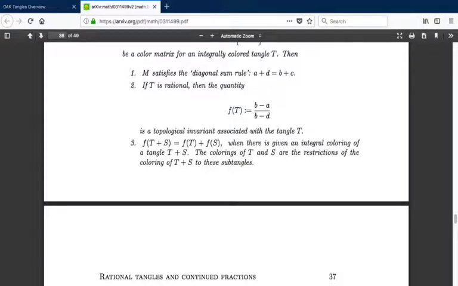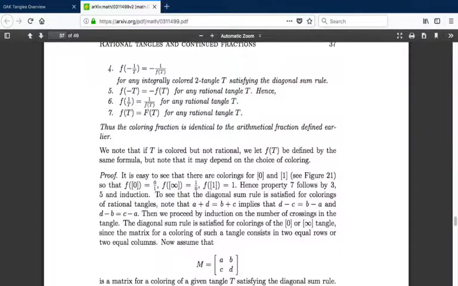But what's really amazing about this theorem is that they also prove in this paper that this new invariant satisfies the summation rule, that if I add two rational tangles by joining them up horizontally, then this quantity applied to the sum is the same as the sum of these two quantities applied to the originals.